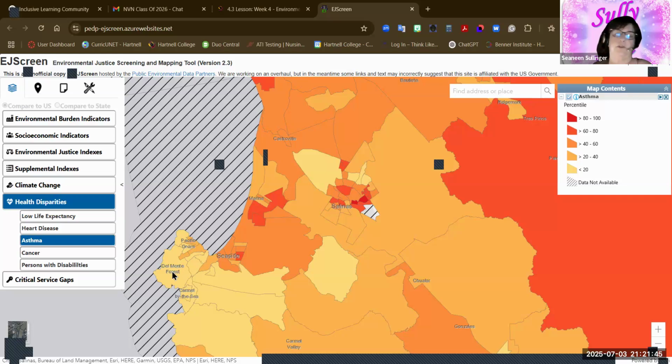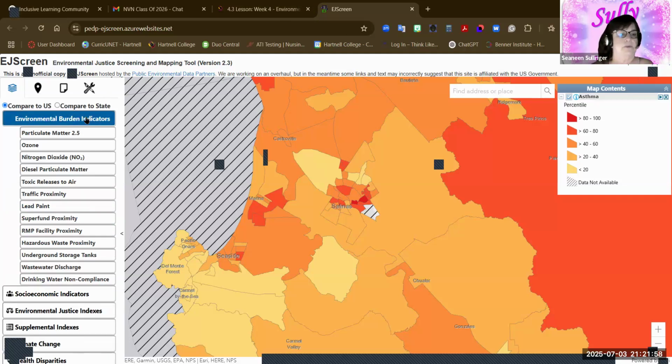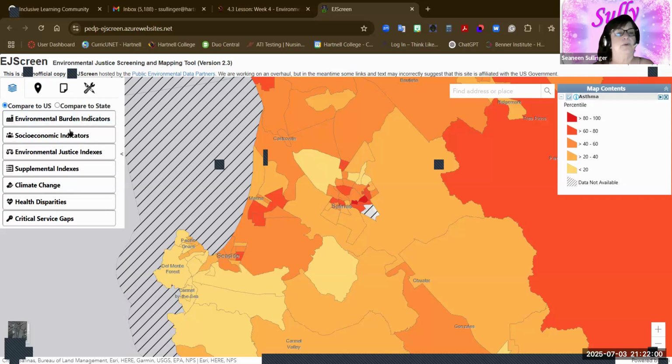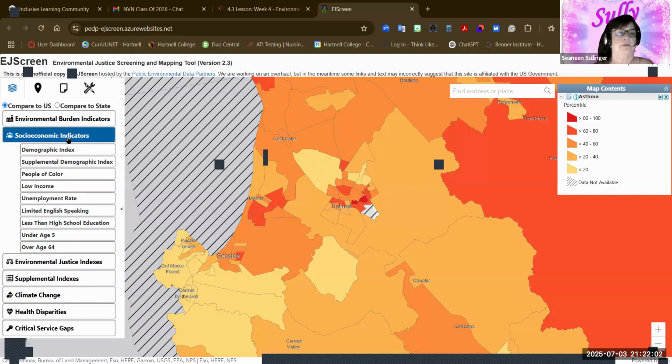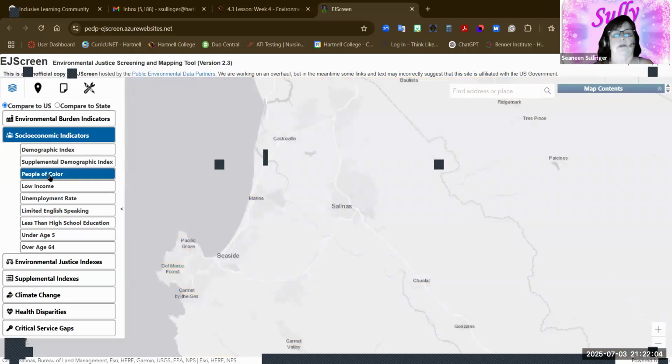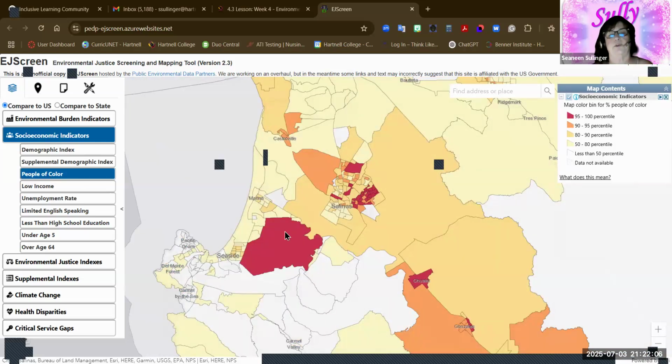Pacific Grove and Del Monte Forest are much lower than Marina, Seaside, a pocket of Seaside there, and areas in Salinas. So you can play around with that and look at different environmental burden indicators. Those are the ones we just looked at. Then there are socioeconomic indicators, and it will show you people of color, and that overlaps with some of those other maps we just looked at.